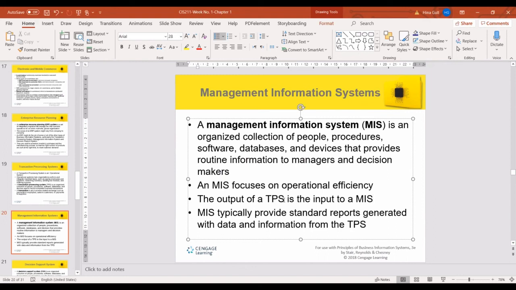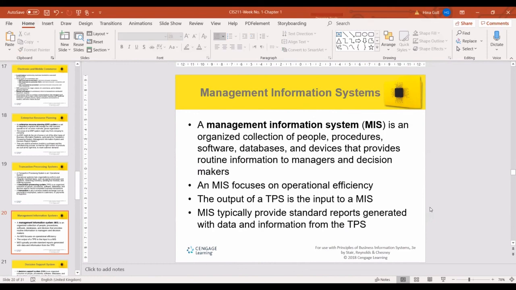In MIS, you can organize the information more than in TPS. MIS typically provides standard reports generated with data and information from TPS. You give the TPS information as input, and it is transformed into more organized reports. Different types of reports can be generated, which is more helpful.